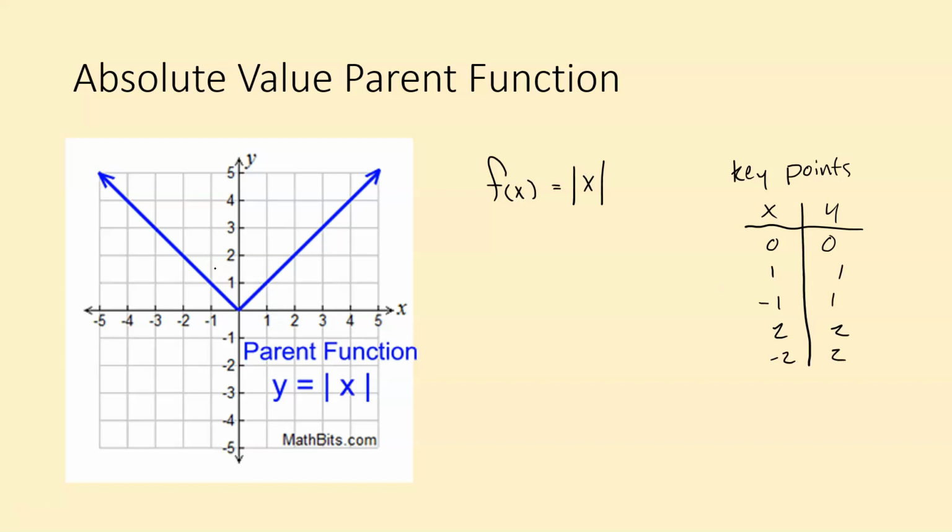The difference is the left side of the graph is flipped up because as you plug in negative numbers, positive numbers come out. Negative 1, 1, absolute value of negative 1 is 1, and then 2, 2, this point right here, and then negative 2, 2. The absolute value of negative 2 is also 2. So you get this V shape. From these points, you should get that pattern, and be able to draw in your lines based off of that.